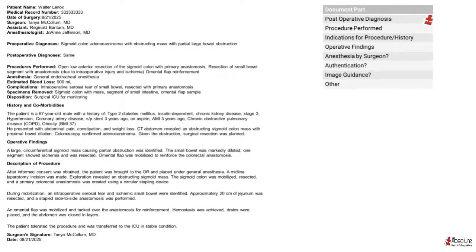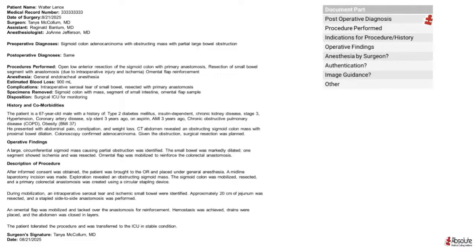Estimated blood loss, 900 milliliters. Complications, intraoperative serosal tear of the small bowel, resected with primary anastomosis. Specimens removed: sigmoid colon with mass, segment of small intestine, omental flap sample. Disposition, surgical ICU for monitoring.